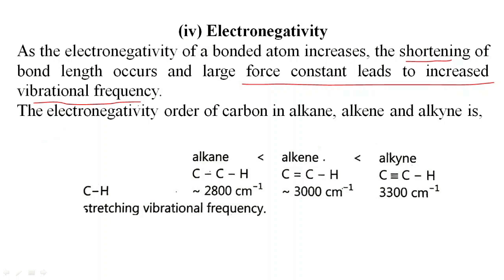The electronegativity order of the carbon in alkane, alkene and alkyne is alkane, alkene, alkyne. This is the electronegativity order, and the same is the case with the stretching vibrational frequency, the energy required to stretch that CH bond.